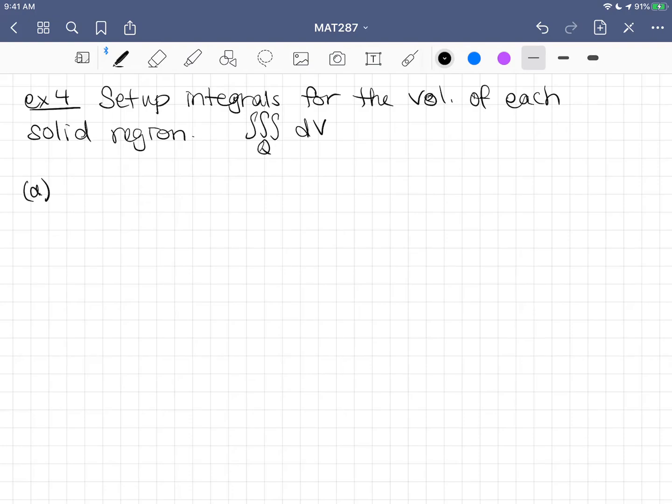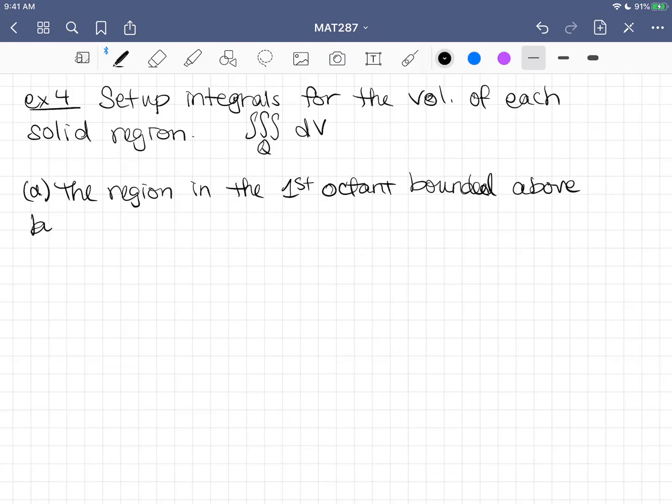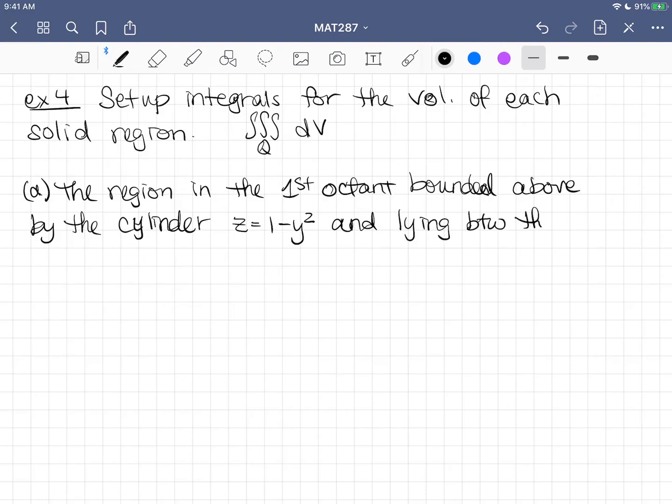All right, so the first example we want to look at is the region in the first quadrant, first octant, sorry, bounded above by the cylinder z equals 1 minus y squared, and lying between the vertical planes x plus y equals 1 and x plus y equals 3.